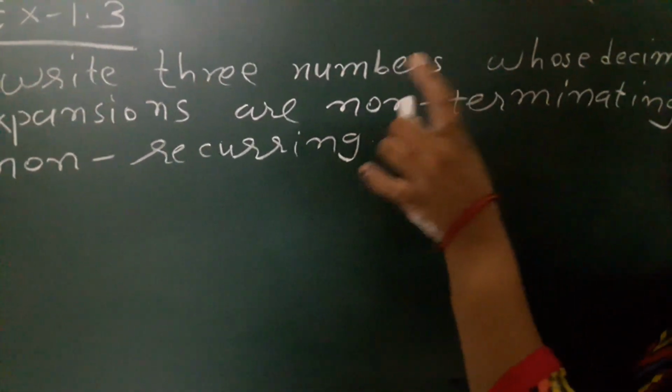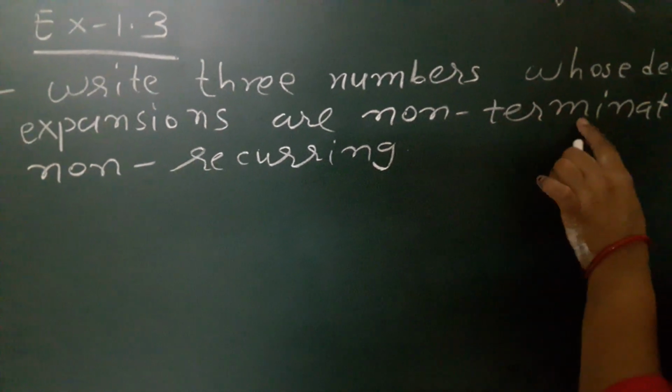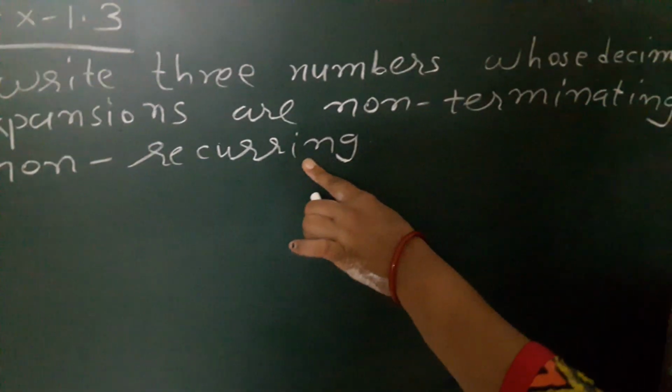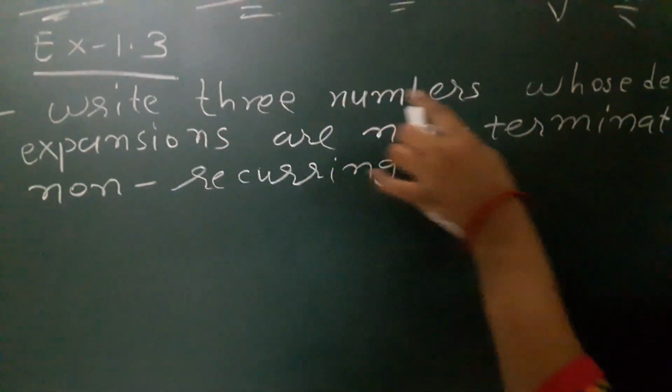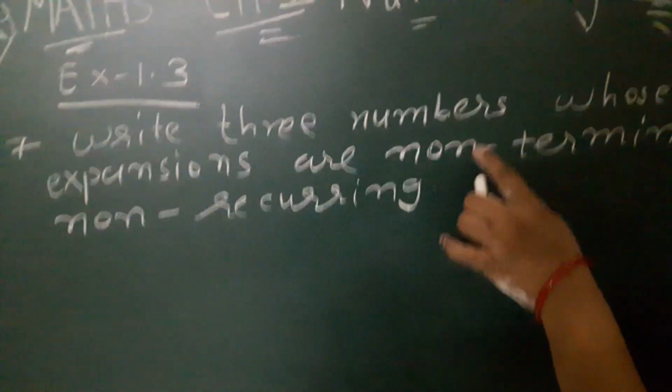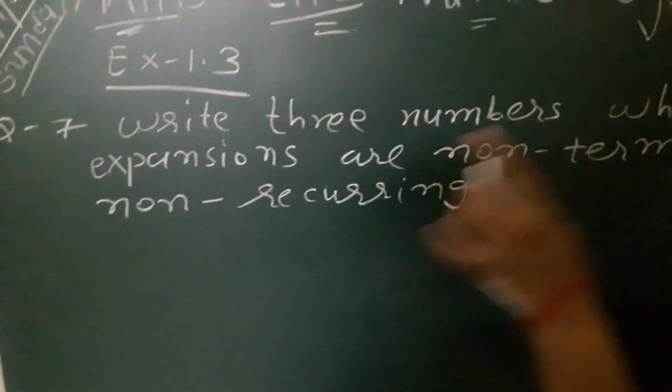So we have to write three numbers which are irrational, that is, non-terminating, non-recurring.